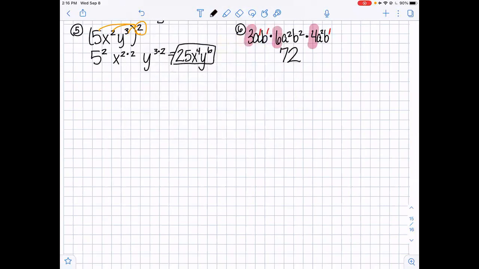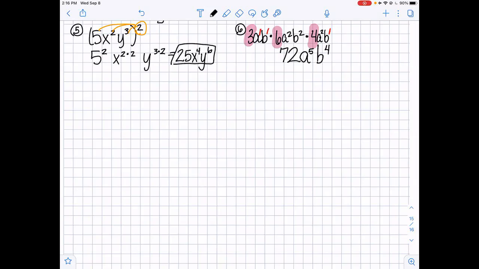A to the 1 plus 2 plus 2 would be 5. A to the 5th. B to the 1 plus 2 plus 1 would be 4. 72, A to the 5th, B to the 4th.